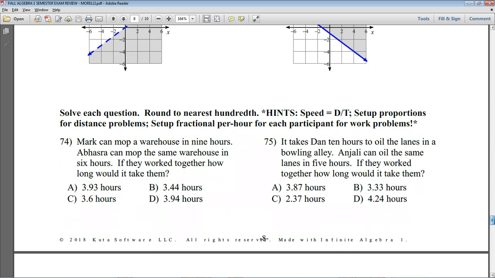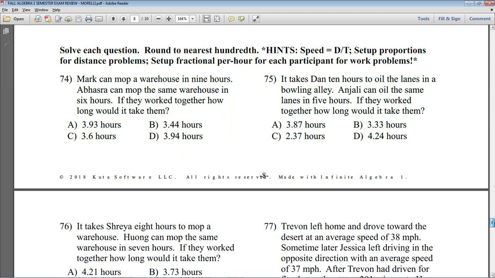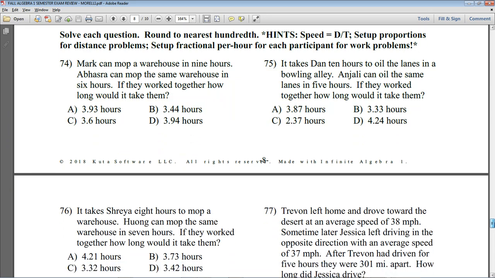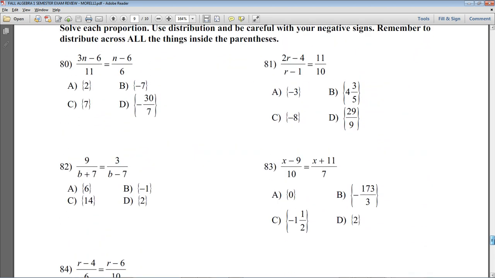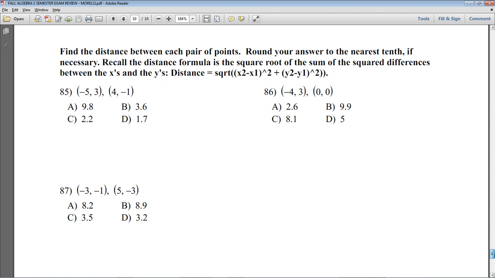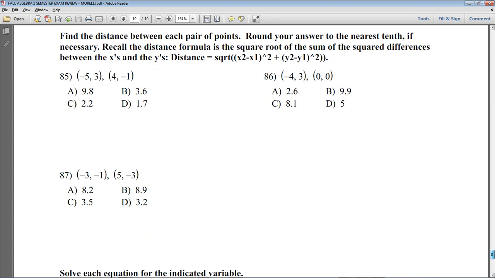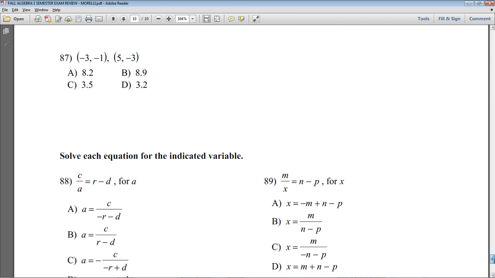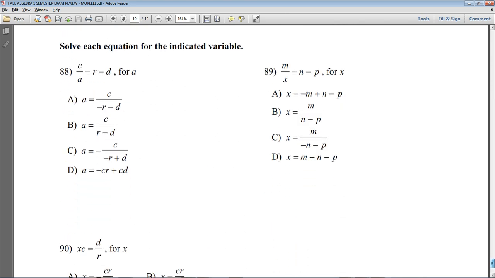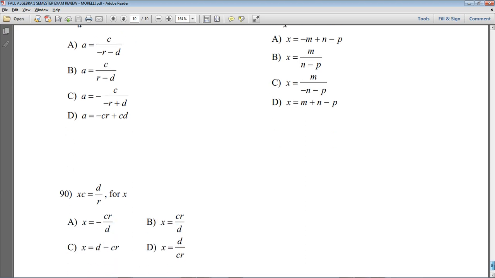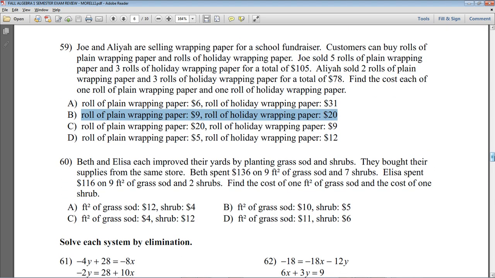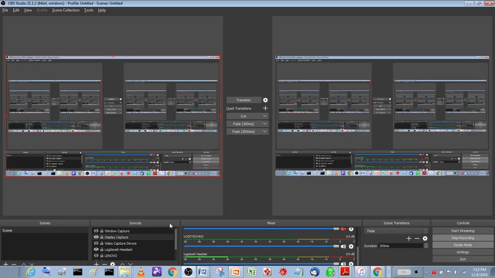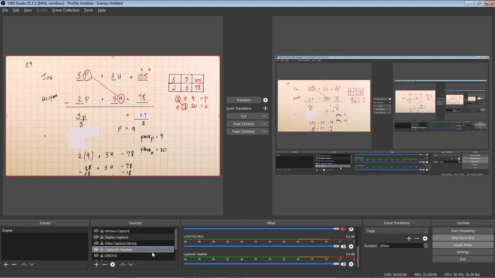Okay, that'll be fun. And then we'll solve some distance and speed and work questions. Okay, those are always interesting. And then solve these proportions. And then we will use the distance formula to find the distance between those two points given. And then we'll solve these general equations here with variables, which are kind of weird. Okay, so that's what's coming up in section 3, but we'll stop here for now.